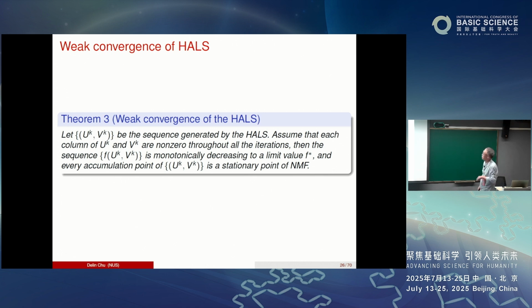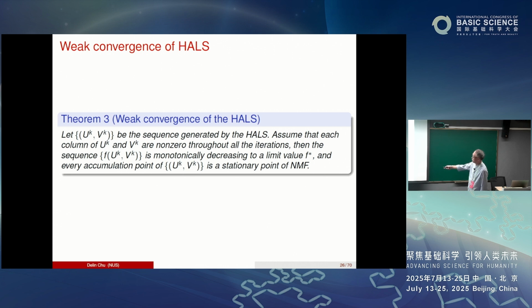Now on the convergence. For the HALS method, there are two different kinds of convergence results. One is called weak convergence, another is called strong convergence. Suppose (U^k, V^k) is a sequence generated by HALS. We also assume each column of U^k and V^k is non-zero throughout all the iterations.